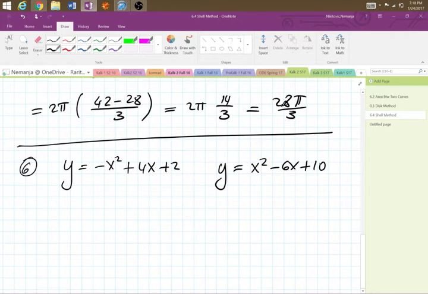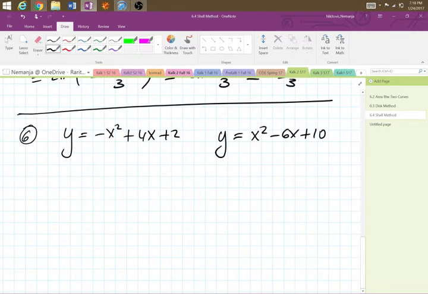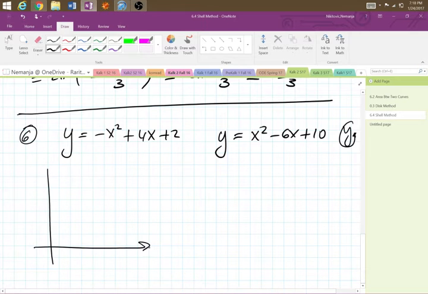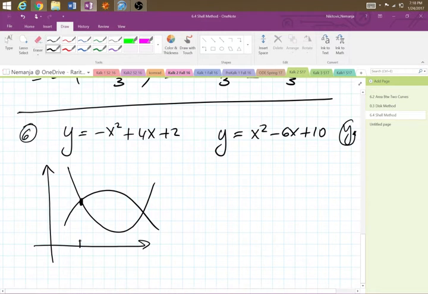We are rotating on the y-axis. The graph is not going to be terribly precise, but it looks something like this, where the intersection points are at 1 and 4.